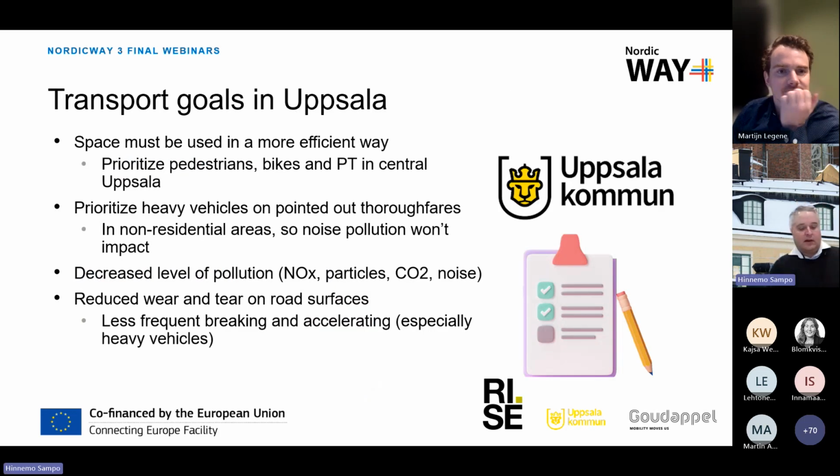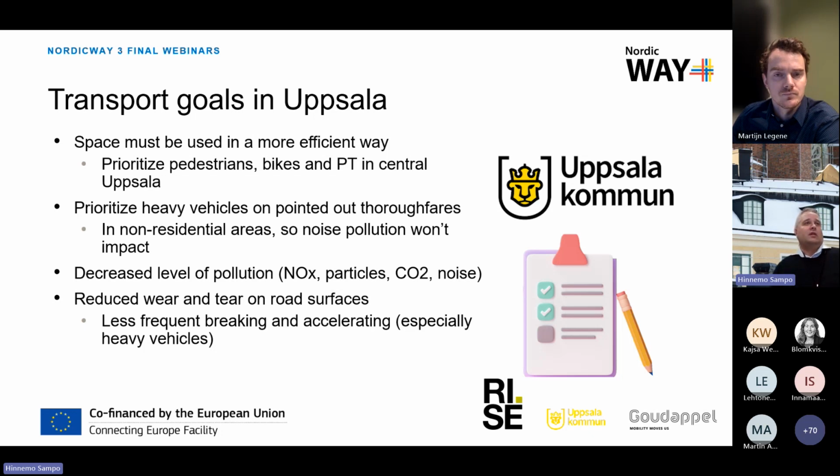In Uppsala, we have many objectives related to traffic planning and city planning. And one is that we have to use space in a more efficient way, and therefore we try to prioritize pedestrians, bikes, and public transportation in the central city. Sometimes we would like to prioritize heavy vehicles on pointed out thoroughfares, especially if there are non-residential areas along the road.